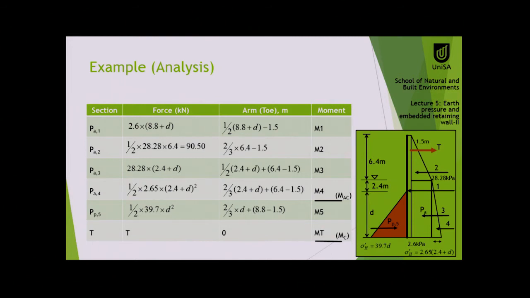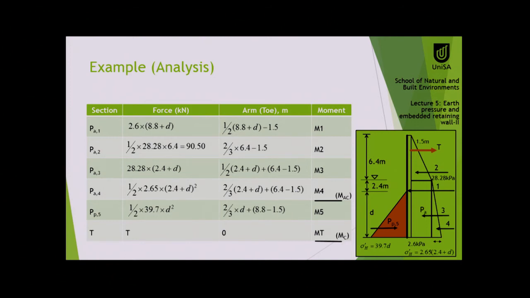So the diagram of 1, PA1, 2.6 times 8.8 plus d. Now tell me, where is the moment distance? How do you find the moment distance? The rectangle, yeah, middle of the rectangle, correct.